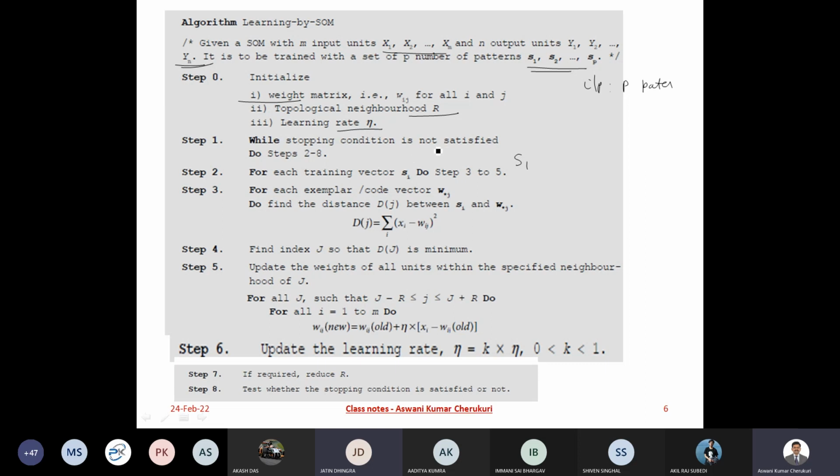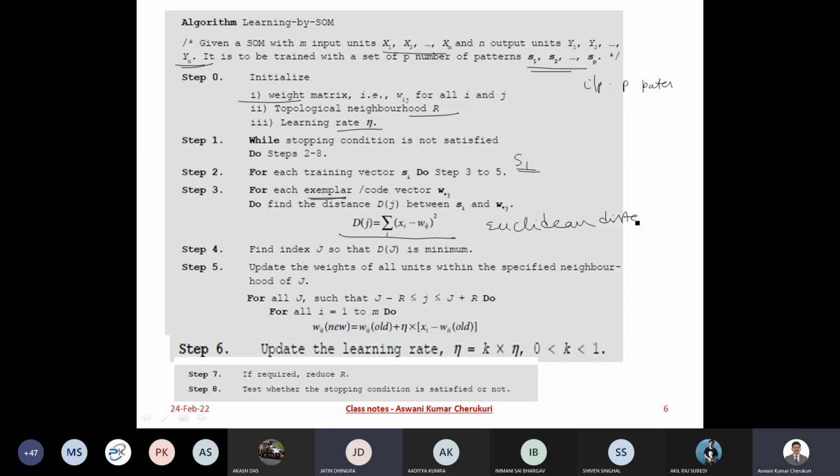Once you do it, you have completed one iteration. That means you are done with all patterns. Now what happens for every pattern? For each pattern, you calculate the distance between the input pattern and the example pattern. How do you calculate the distance? Using the square of Euclidean distance.